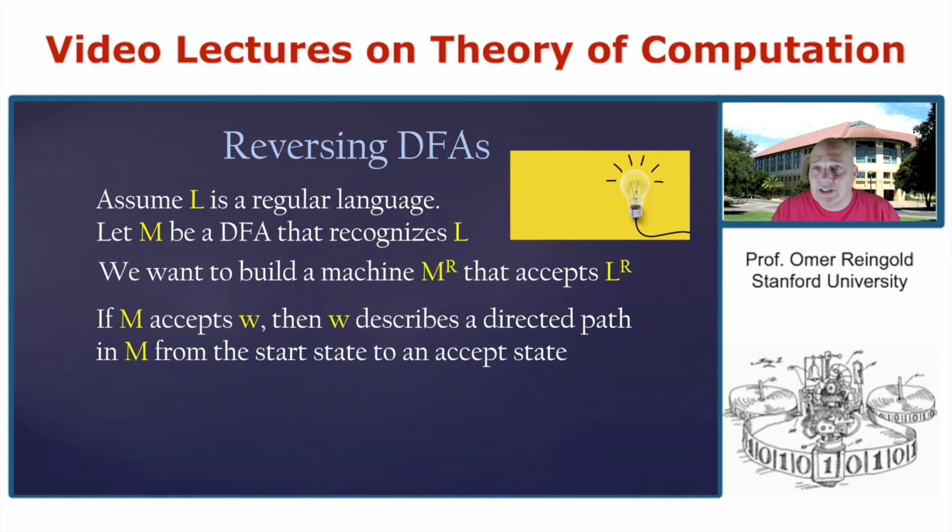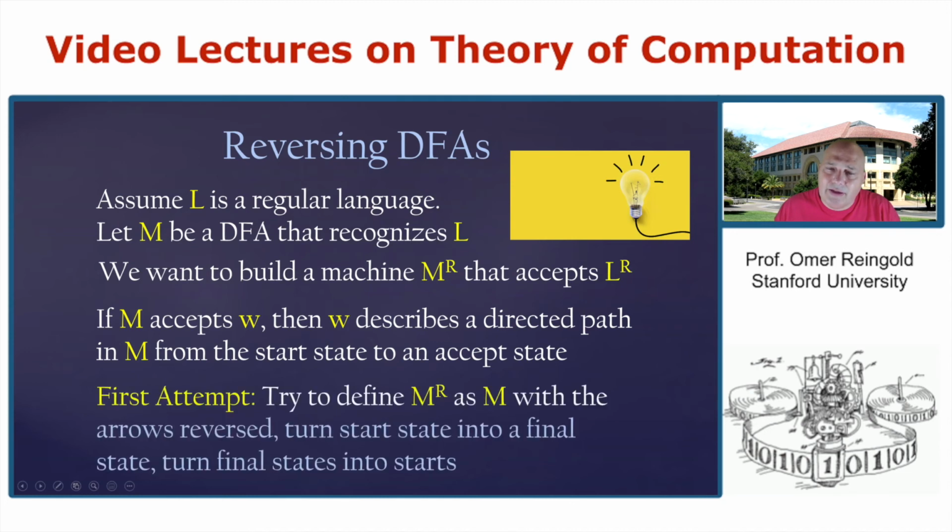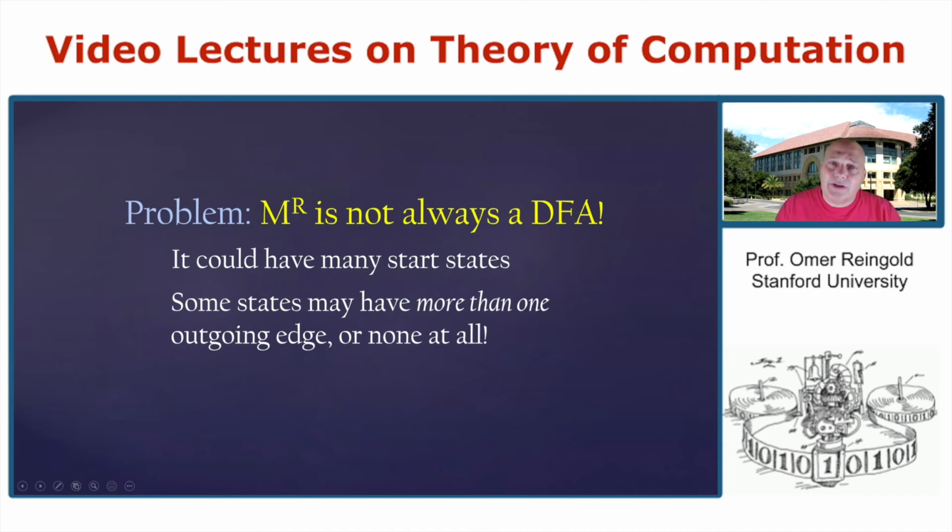Let's reverse this path and ask for a path from the accept state to the start state. So try to define MR as M with the arrows reversed, turning the start state into the final state and the final states into the start state. The problem is that this is a great idea, but it doesn't give us a DFA. When we reverse a DFA, we don't get exactly a DFA.